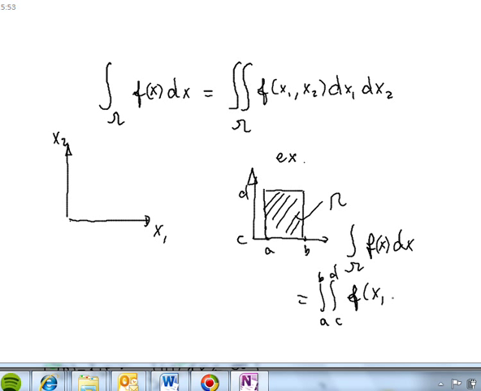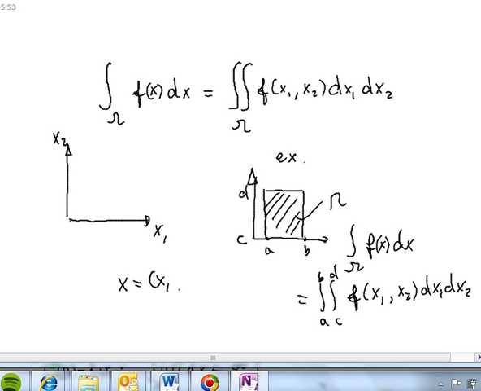So here we have f of x1, x2, dx1, dx2. And note that x is just a vector in R2, so it consists of these two coordinates, x1, x2. Of course, we can do this in several dimensions as well, and this abbreviation is used for simplicity only.